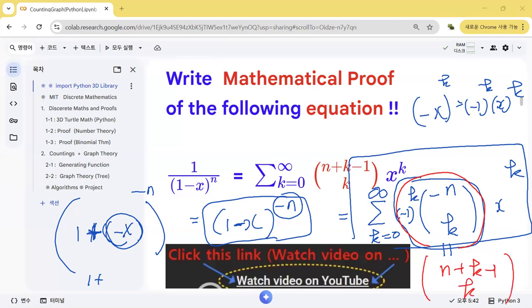Okay. Then this one is exactly equal to this one. Okay, from the generalized binomial theorem, they are equal. So let's prove this one. This one is equal to this. This is the key for the Monday quiz problem.